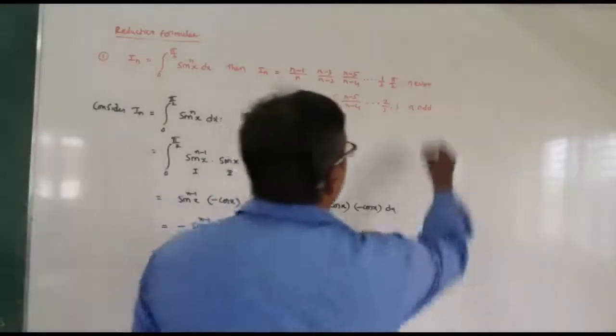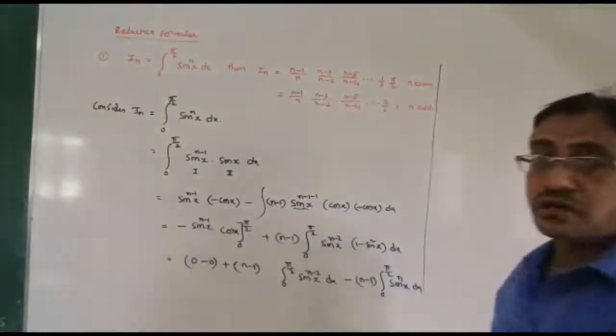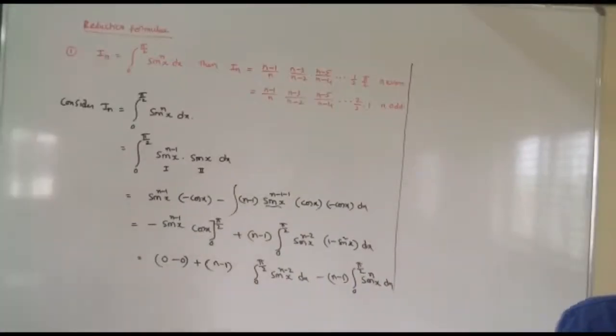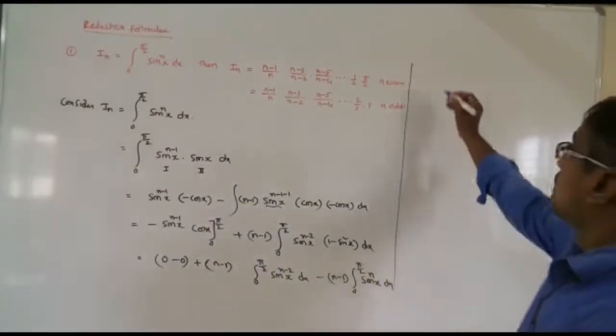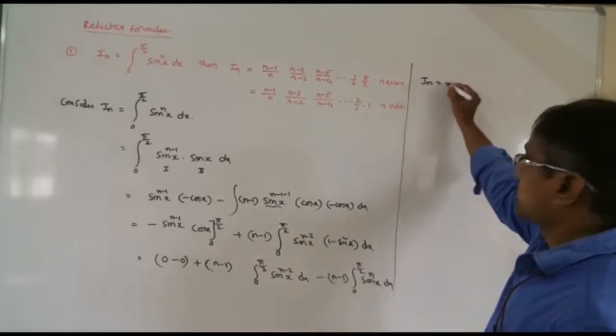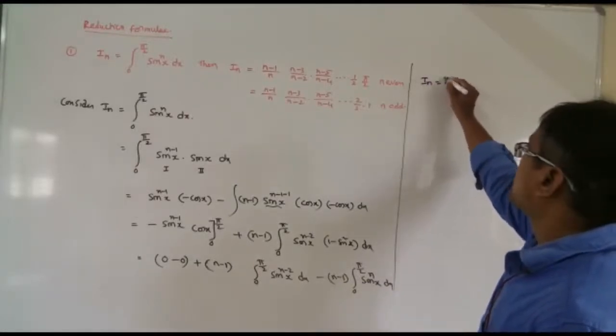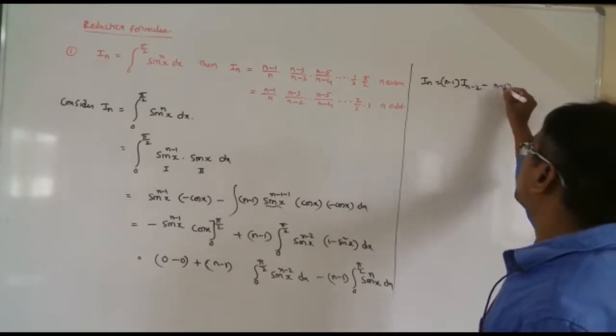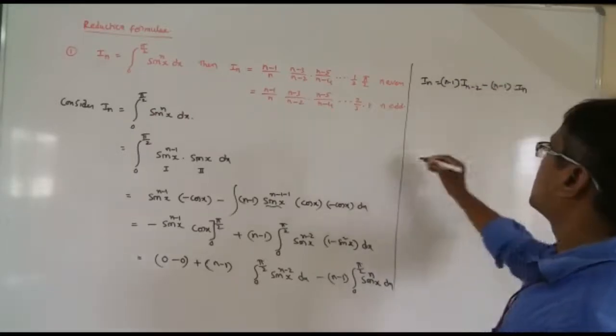So you have In is equal to n minus 1 into In minus 2 minus n minus 1 into In.